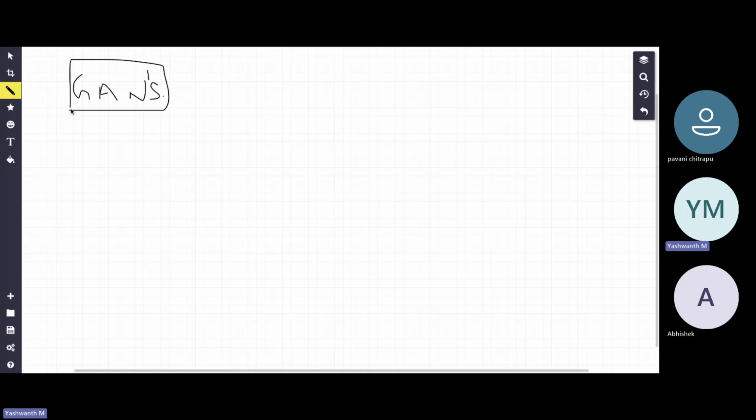GANs are an alternate approach to do generative modeling. Here, the objective function of GANs is like a game, a minimax game.